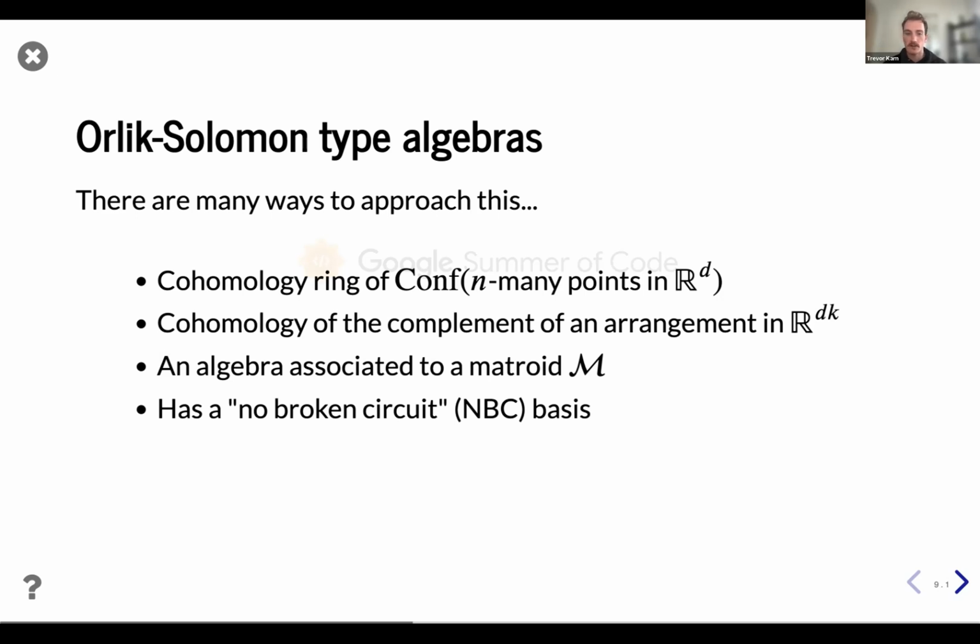I think the way that I came to it was as the cohomology ring of the configuration space of n many points in R^d. If you're familiar with the Orlik-Solomon algebra, that would be d is 2, but there's a more general story with the Varchenko-Gelfand ring that is for arbitrary d, and so that's the setting I'll use here.